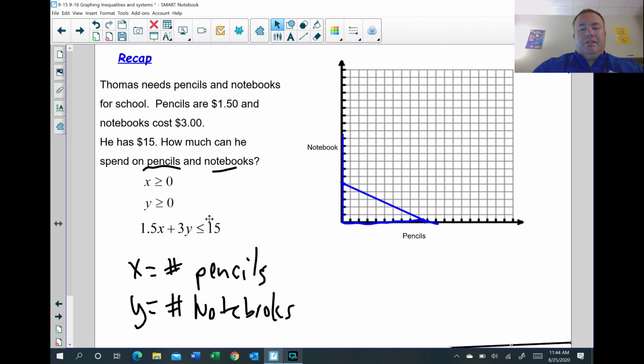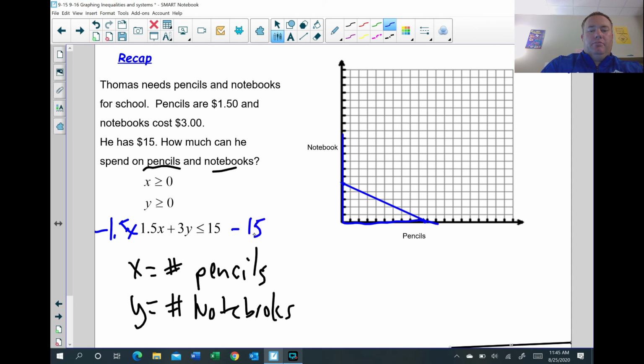Now, as we look at something like that, we need to graph that. Now, I've already put the graph on there, but how would you do that on your own? Well, you got 1.5x plus 3y is less than or equal to 15. Put it in slope-intercept form. So, from here, negative 1.5x, right, to both sides.